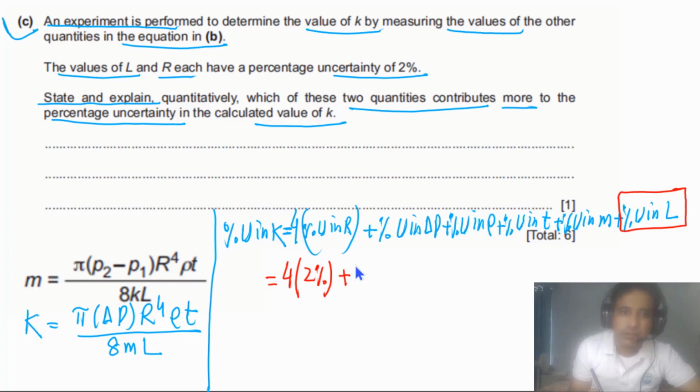So this is 2% for L, and the rest of these we can write as they are.